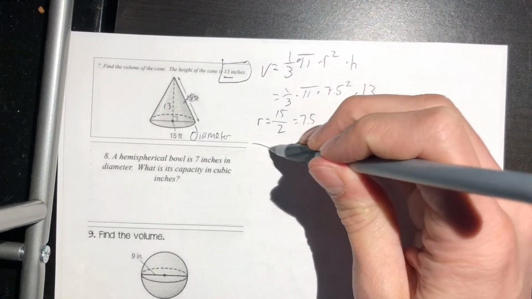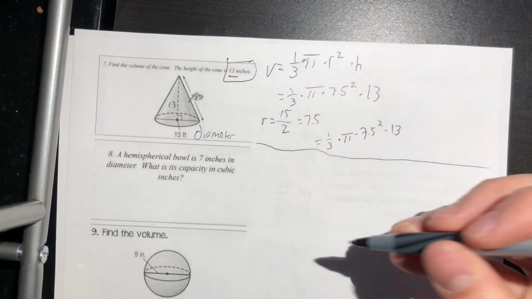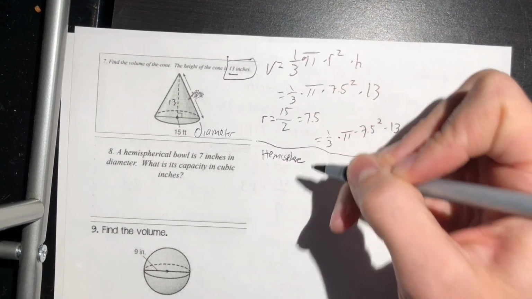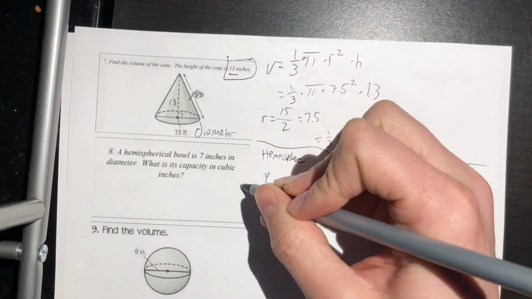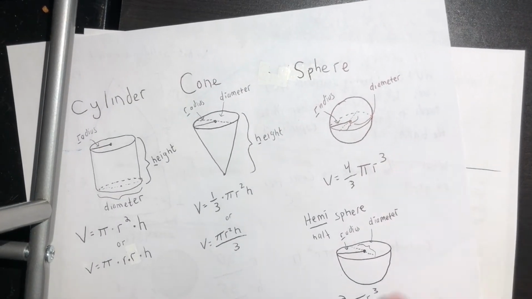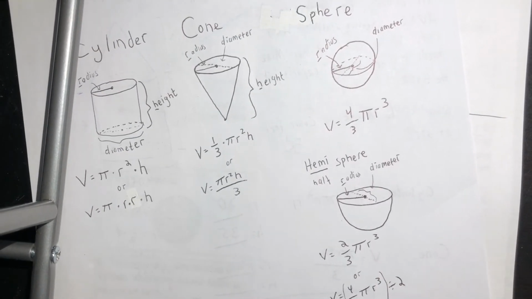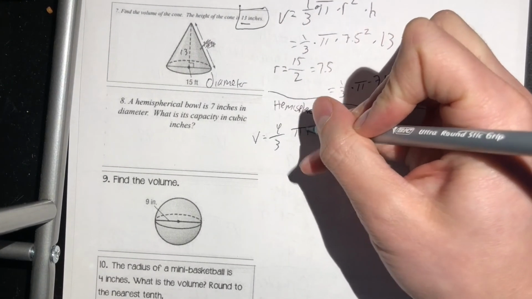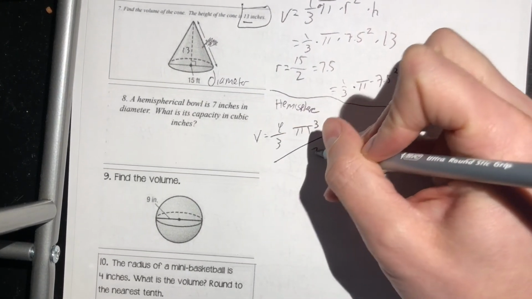And then I've got a hemispherical bowl. It's a hemisphere. So my formula, I'll use my sphere formula, V equals 4/3 pi r cubed, and I'll just cut that in half because it's half of a sphere. So 4/3 pi r cubed, cut it in half.